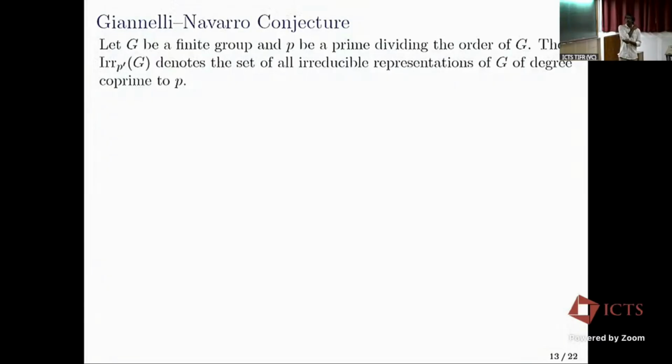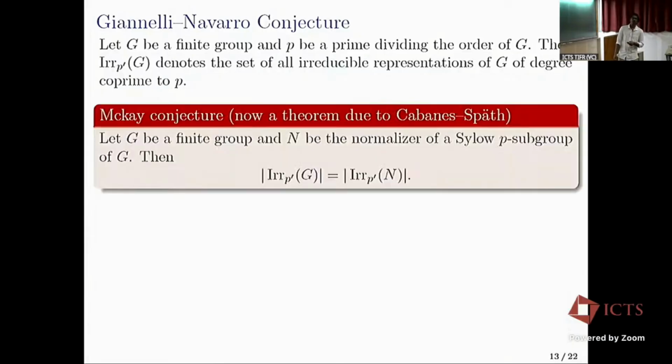So now let me talk about the later part of the paper, which is about the Gelfand-Navarro conjecture. First, let me talk about some other conjecture which you might have heard of. So let G be a finite group and P be a prime divisor of the cardinality of G. Then let Irr P prime of G denote the set of all irreducible characters whose degree is not divisible by P. Then I think you might have all heard of what's called the McKay conjecture.